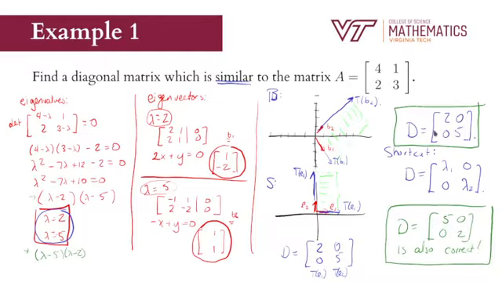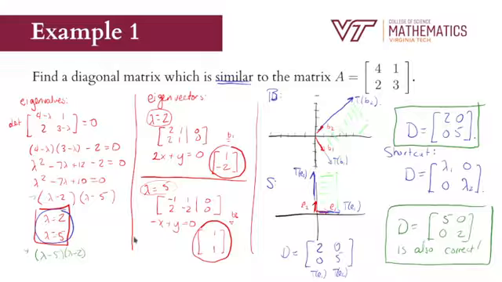The requirement is that eigenvalues have to appear on the diagonal, but they can appear in either order. And so if you factored this in a different order, that doesn't change whether you're right or wrong. That's also a correct answer.